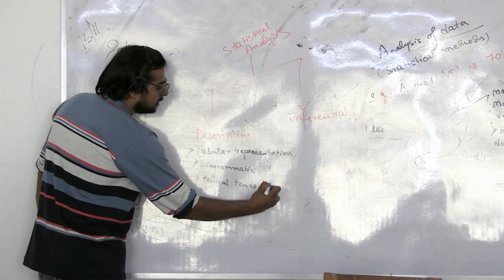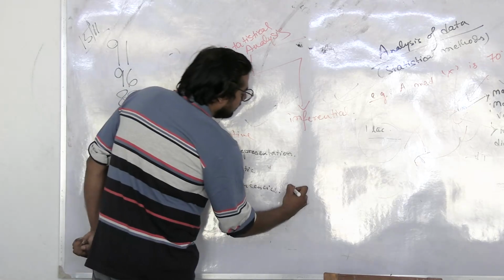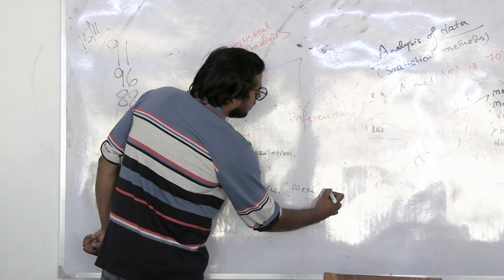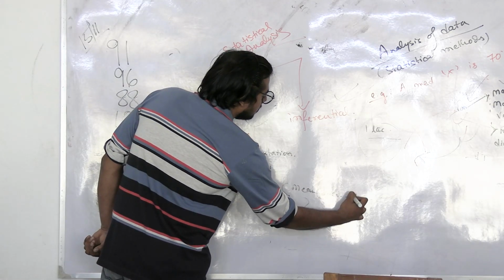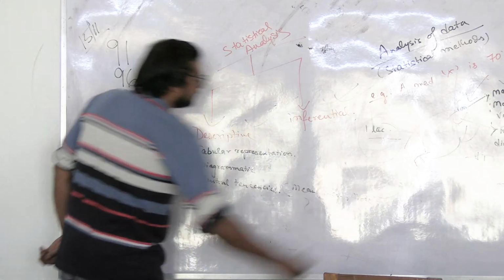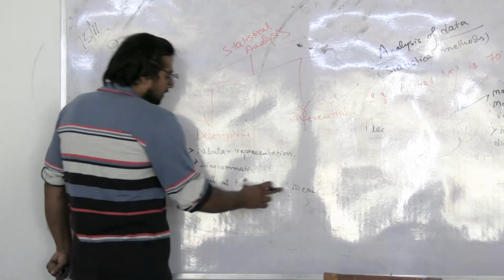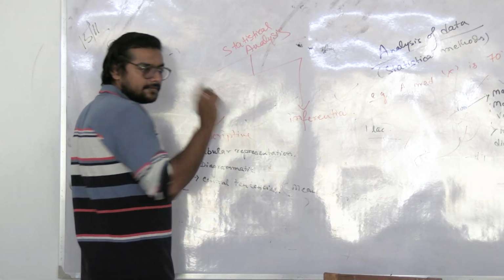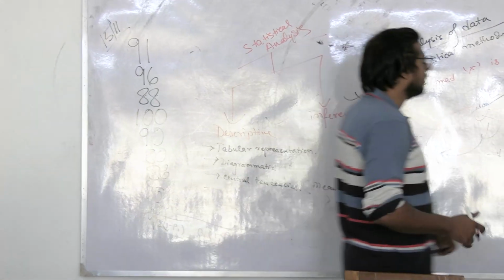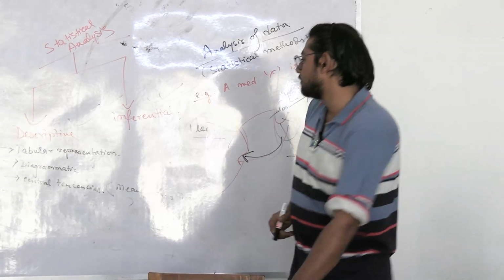What is central tendencies? Mean, median, mode. In this we are just finding an average value. There are different types of averages. One is a mean, one is a median, one is a mode. I'll explain these later. But first know what is there in our scope.